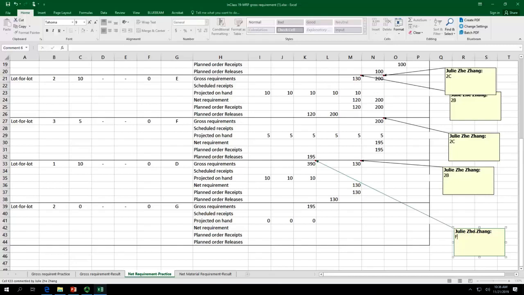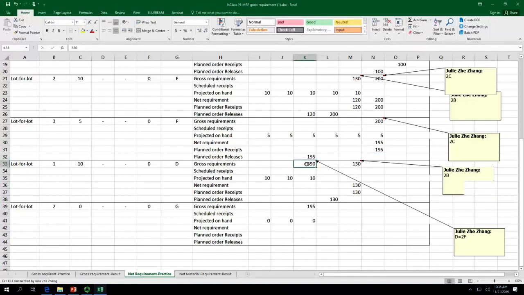So D equals 2F. And look at the F right now, it is 195.